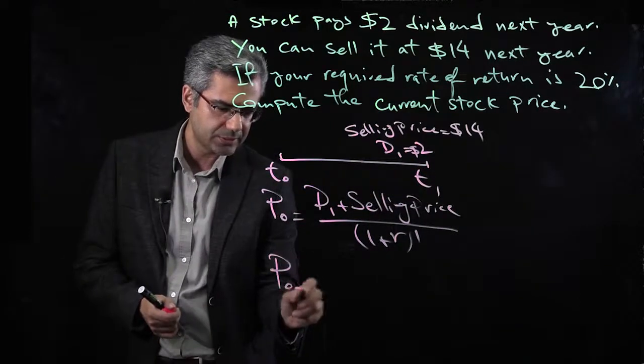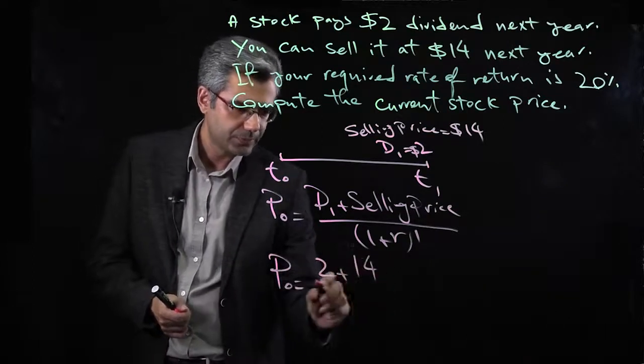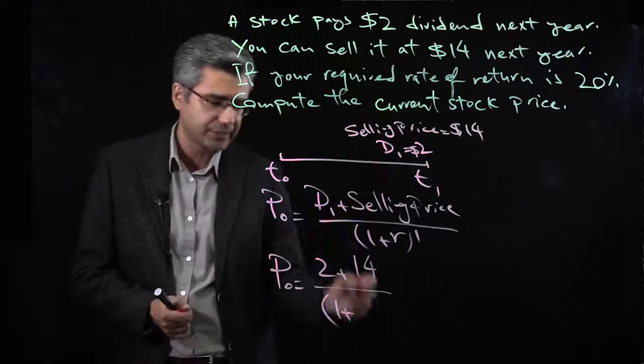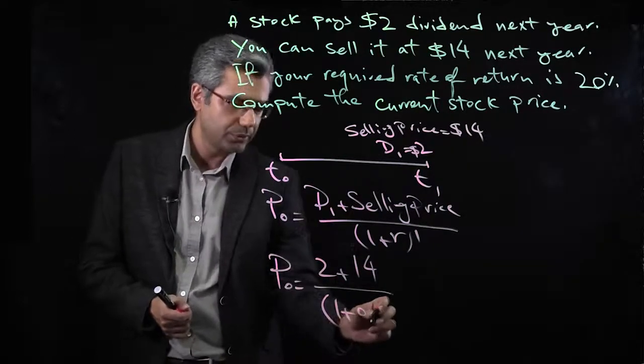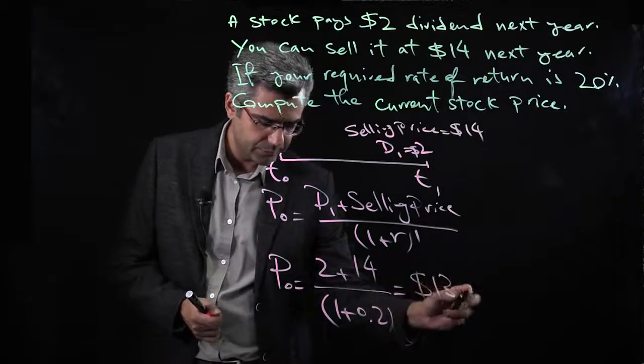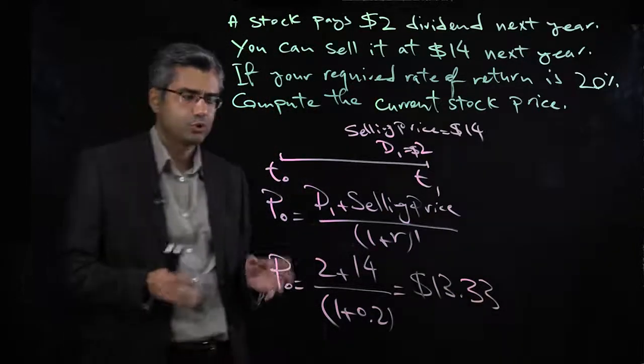So price is (2 plus 14) divided by 1 plus your required rate of return, or the interest rate, which is 0.2. And the answer is 13.33 US dollars. So the price should be this.